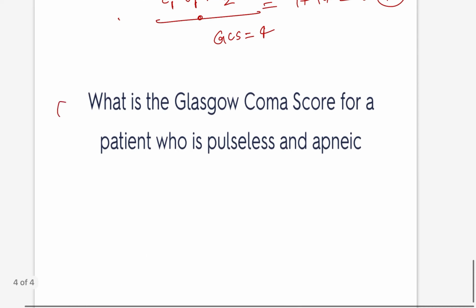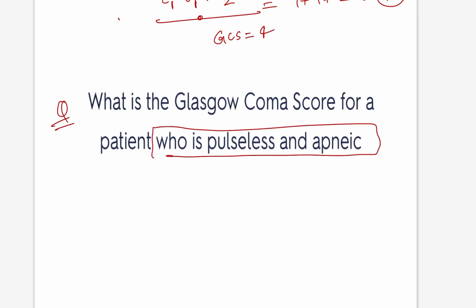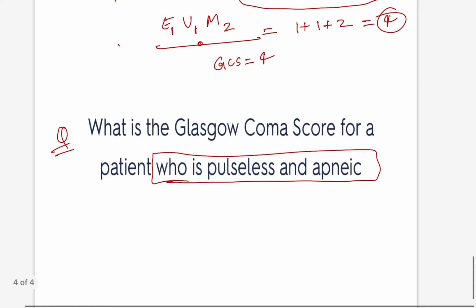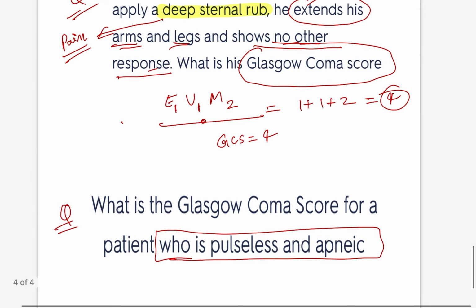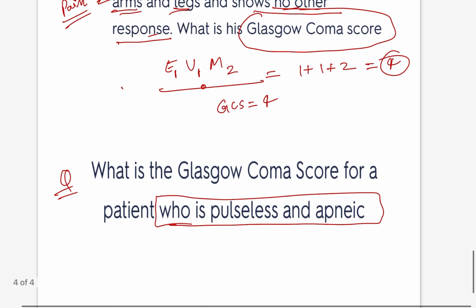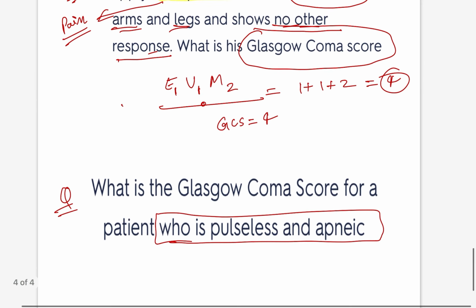And here, what is the Glasgow Coma score of the patient who is pulseless? See, this is the most important. Here you will be confused, and you will say that he is not giving any of the criteria, like eye is open or closed, or eye opening only when we give pressure. Nothing, no movement.